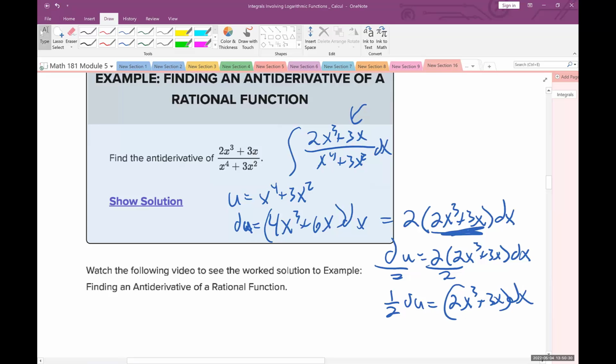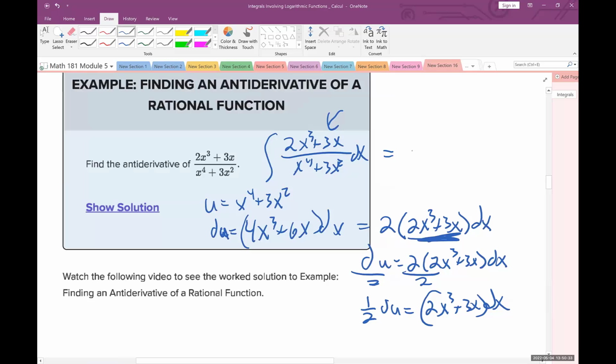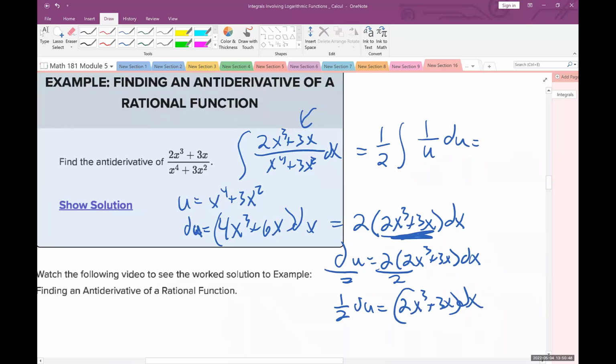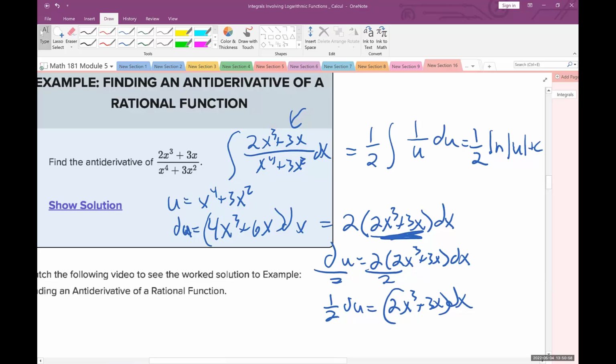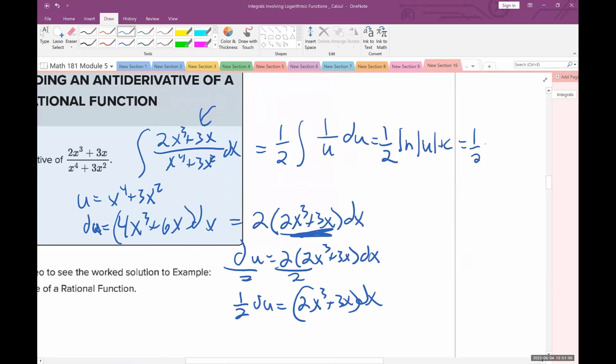So I have the top part, I have the bottom part, and this just becomes 1/2 the integral of 1 over u du, which is what then? Okay, so it's 1/2 natural log of the absolute value of x to the fourth plus 3x squared.